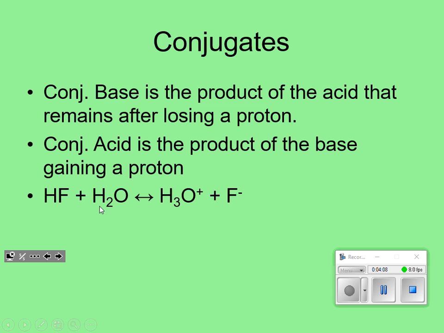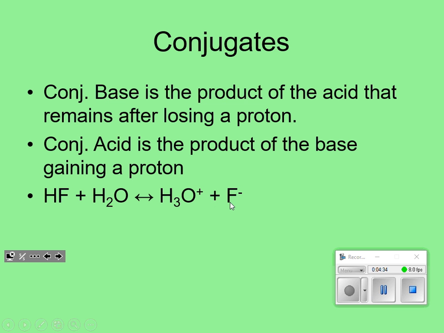HF is more acidic than water, so it's the one that's going to act like an acid here. An acid loses its hydrogen, its H+. And in doing so, here's what's left over from that HF, the F-. So HF and F- are conjugate pairs of one another. This is the acid, this is its conjugate base.